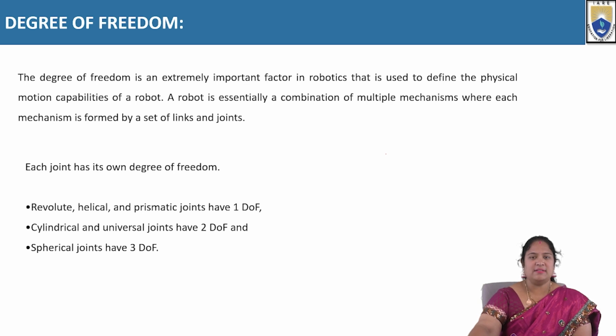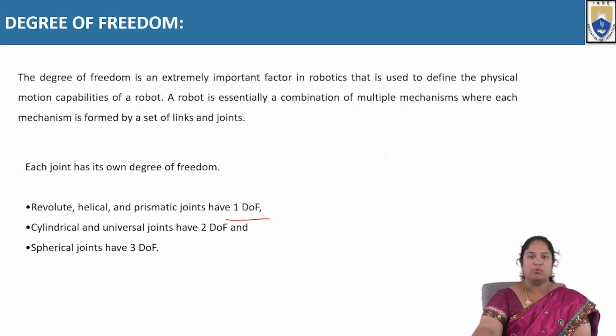Now, the degrees of freedom also depend upon the type of the joint. Firstly, 1 degree of freedom is generally used for revolute, helical, and prismatic joints.